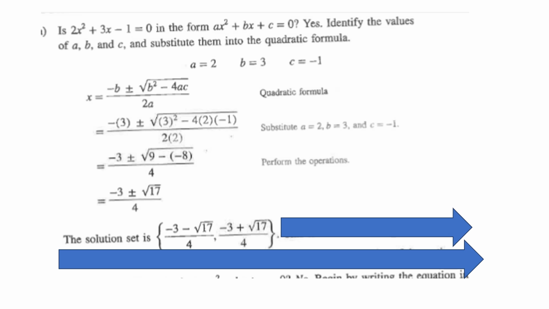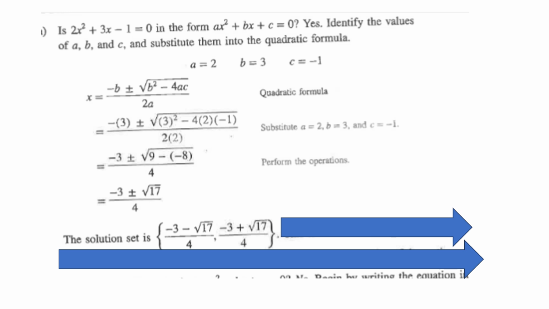Now minus a minus is a plus, so that ends up being under the radical 9 plus 8, or 17. And so the answer that we get then is minus 3 plus or minus the square root of 17 over 4. It is important for students to remember that there are two answers here.